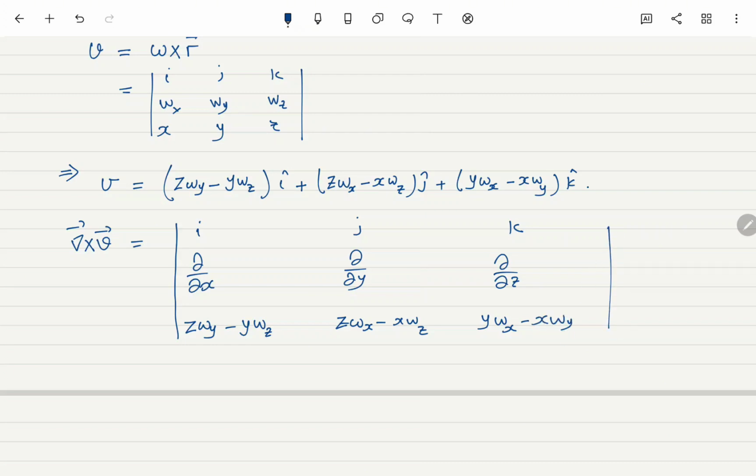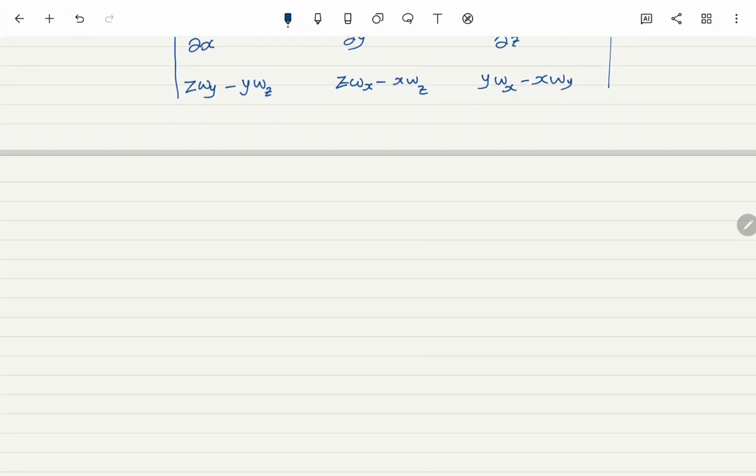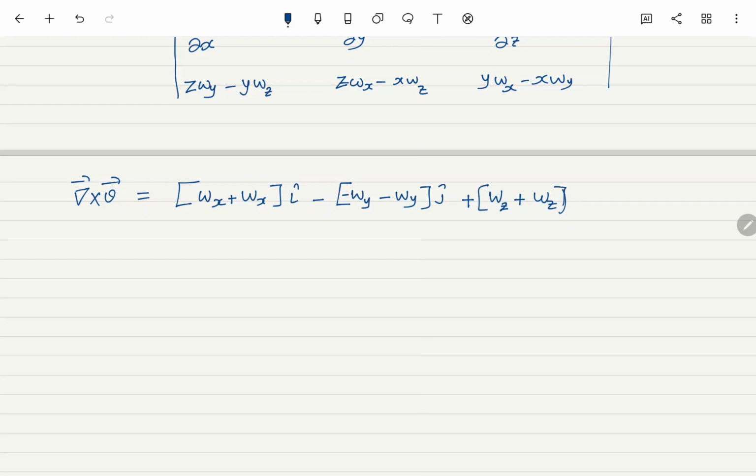Upon solving this determinant, we get curl v equal to omega x plus omega x i hat, minus omega y minus omega y j hat, plus omega z plus omega z k hat.